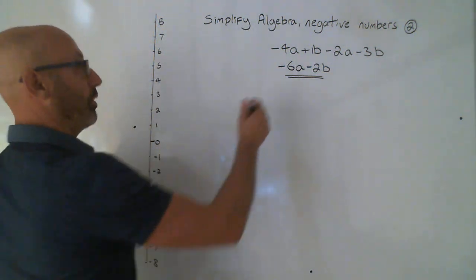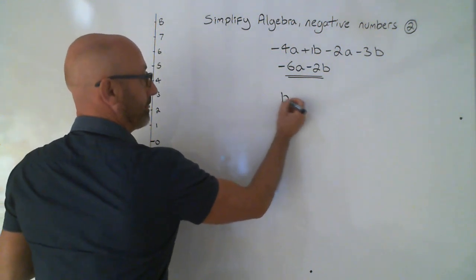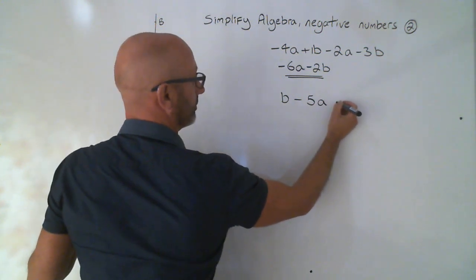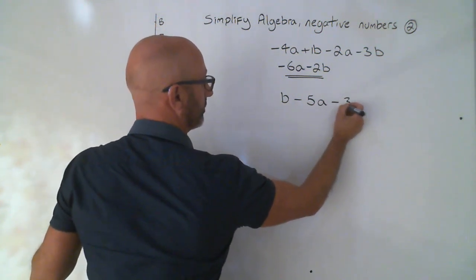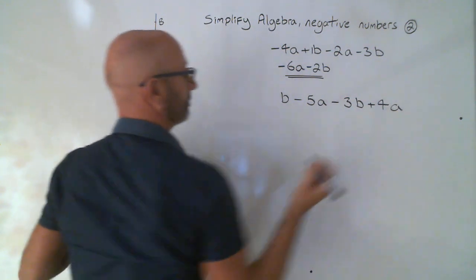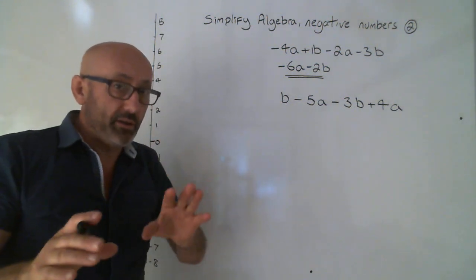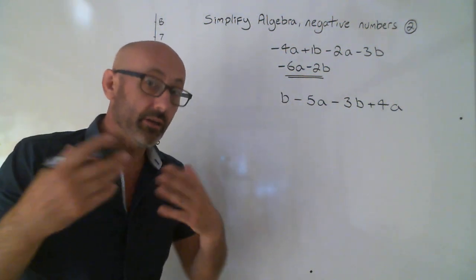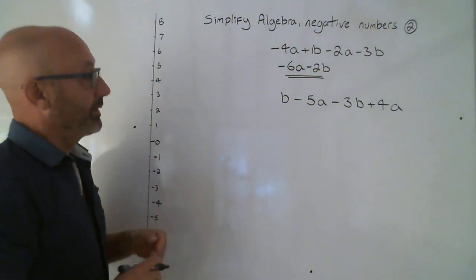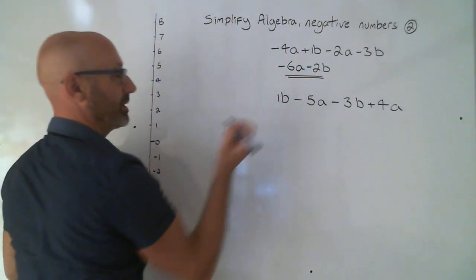Let's do another one. You can possibly pause the video now and see if you can get this right, and I will explain it. Okay, so banana, that is 1 banana.